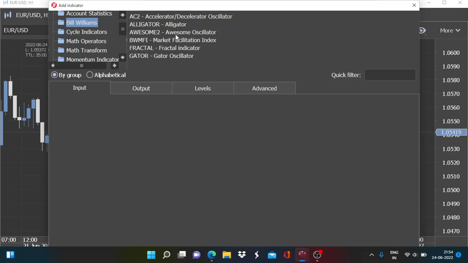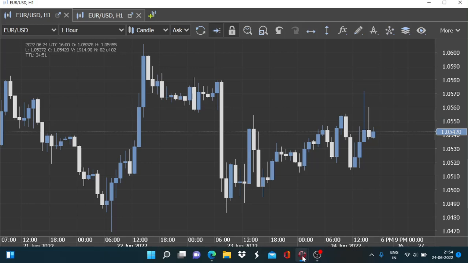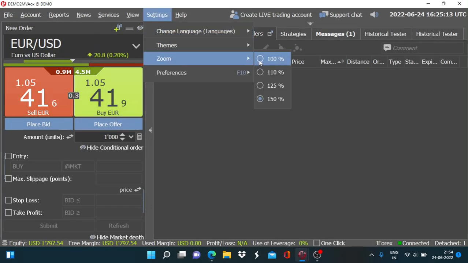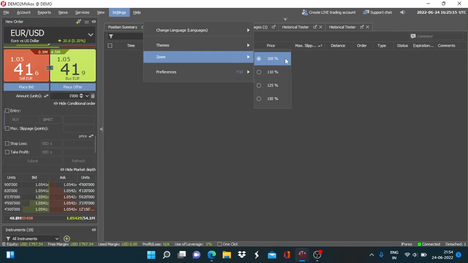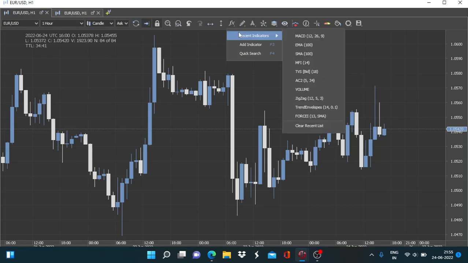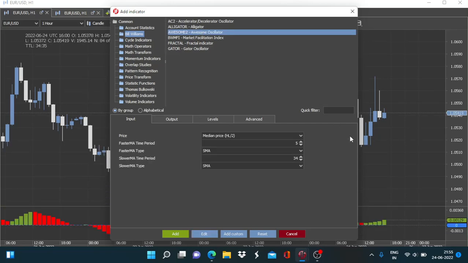So for example, let us plot the awesome oscillator. I think I will need to zoom out a bit, as the zoom option resolution is on the higher side. Okay, now we go back to this Bill Williams, and I was giving you the example of the awesome oscillator.